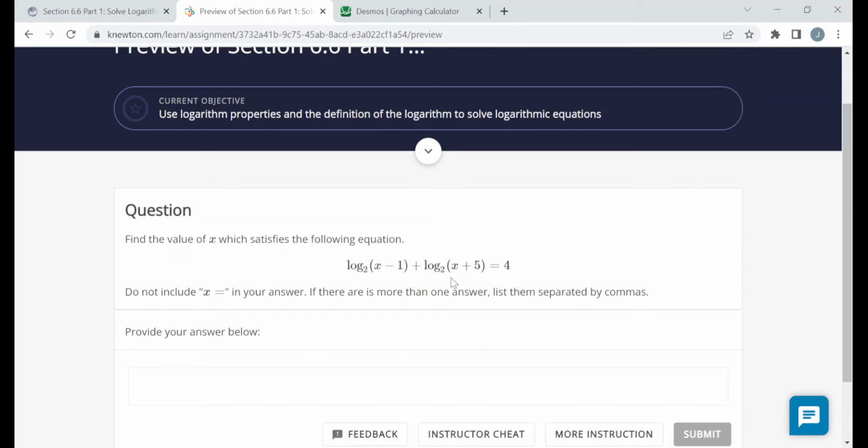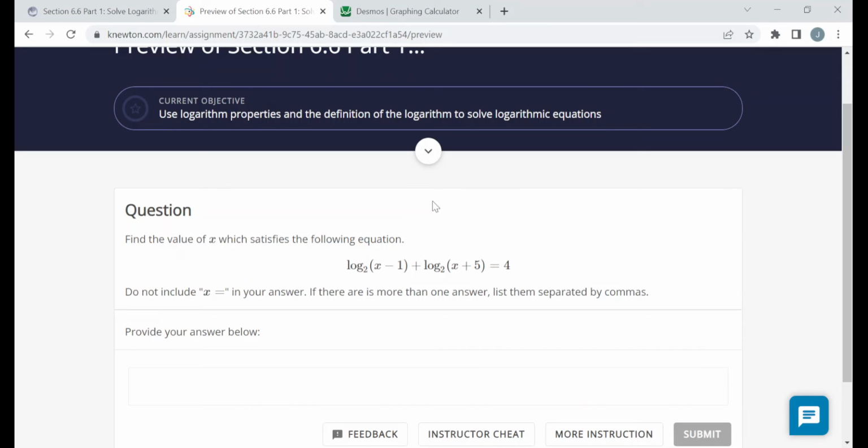You are going to use the properties of logarithms, the product rule, quotient rule, power rule, to get a single logarithm. Condense the side with all the logarithms on it. Then use the definition of a logarithm: take that single log equal to a number, change it to exponential form and solve, and then check your solutions.